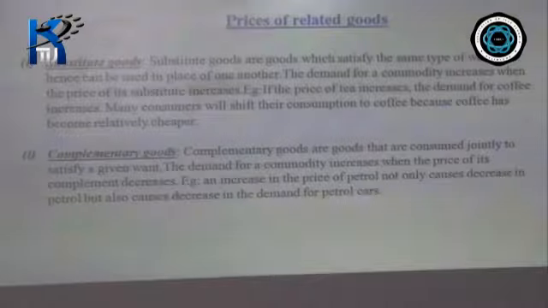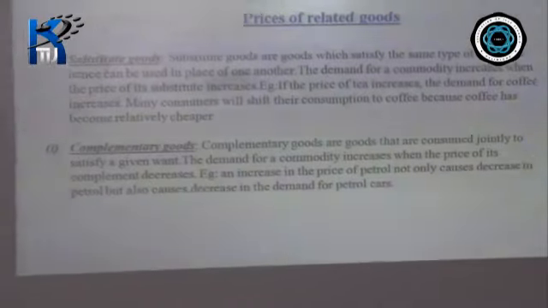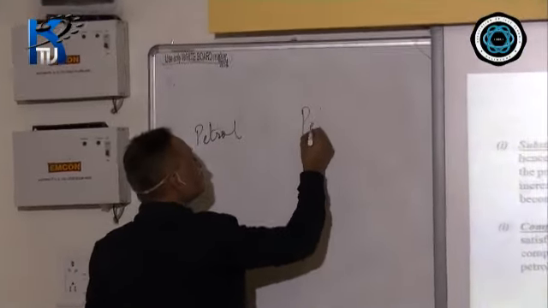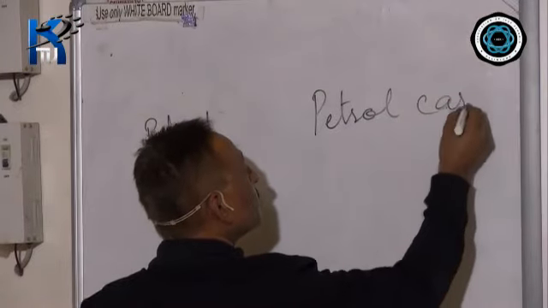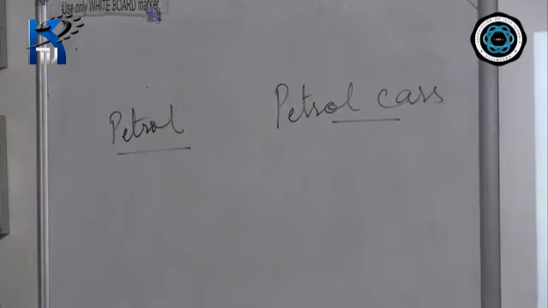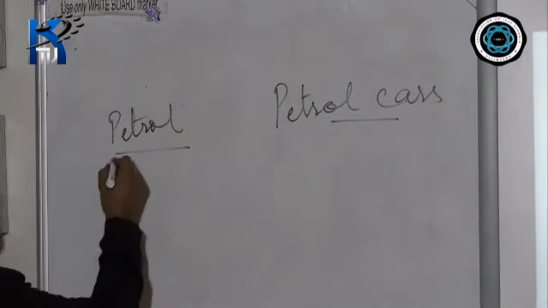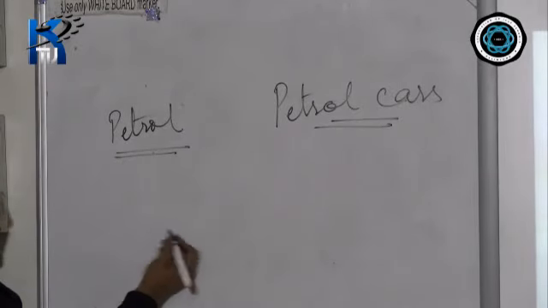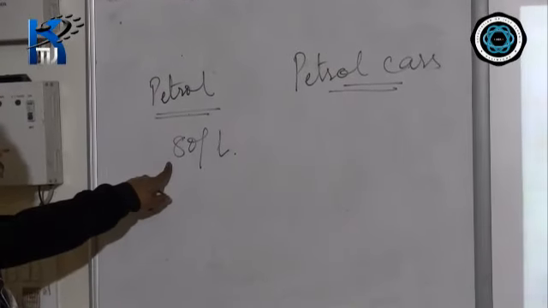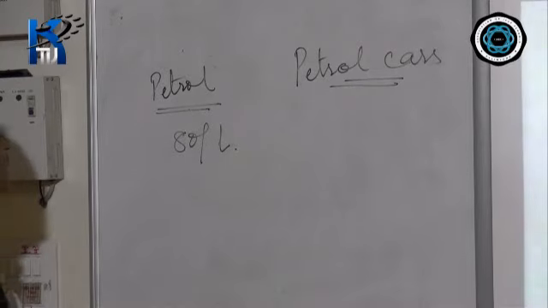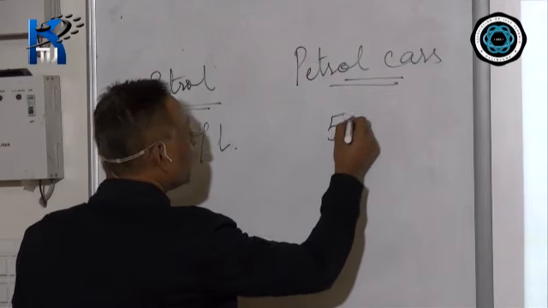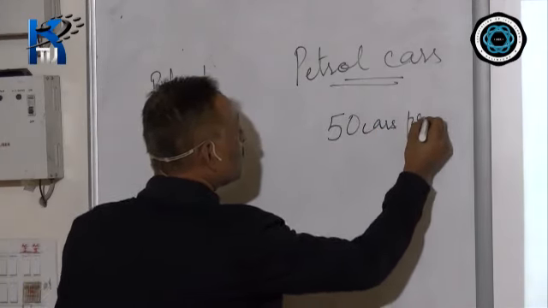So let me explain to you. We will take a typical case of petrol and petrol cars. Okay, let's see. Let us say the price of petrol is 80 rupees per liter. When the price of petrol was 80 rupees per liter, let us say the demand was around 50 cars per week.